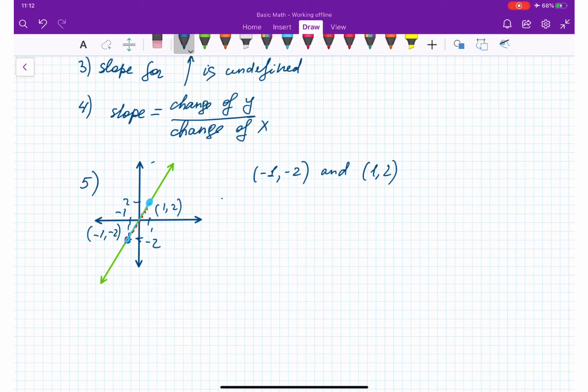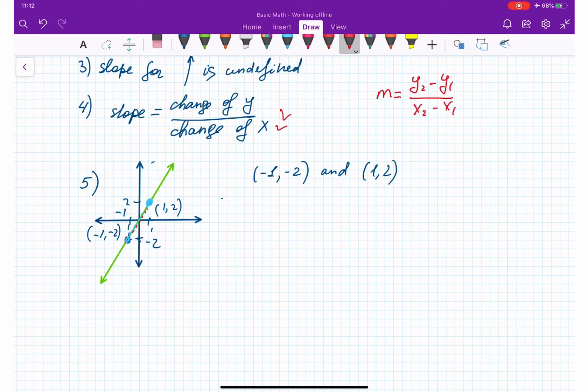So what is the definition of slope? I'll write here with red color so everybody will know. Change of y, which means y2 minus y1, and change of x is going to be x2 minus x1.